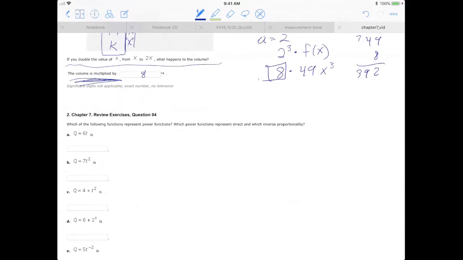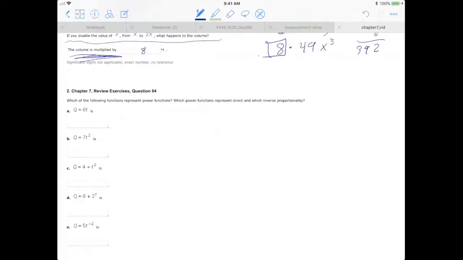Let's see. Okay. All right, so this is pick the power function. First one, yep, that's k equals 6, p equals 1. That's a power function.